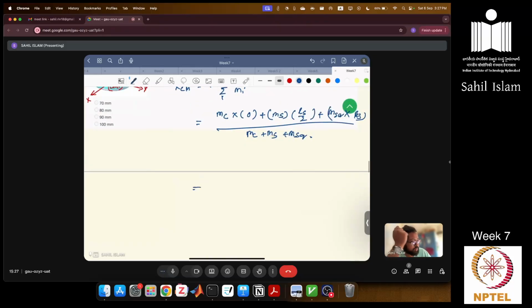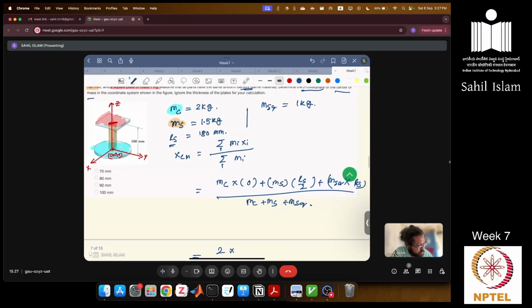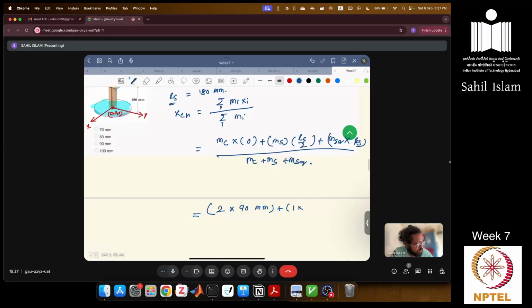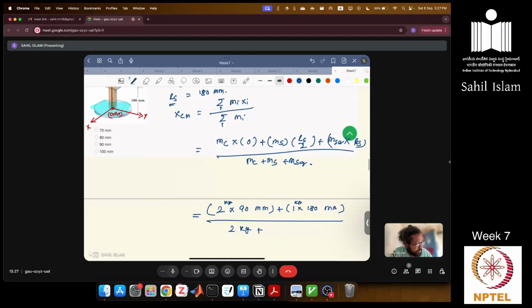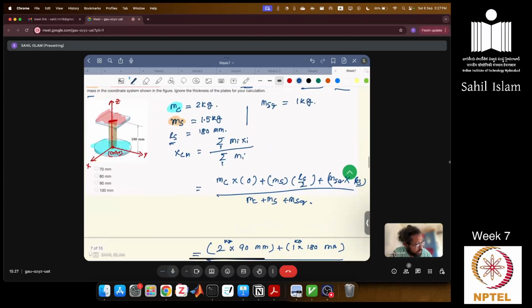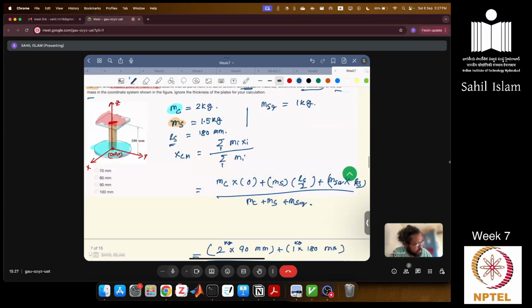So if you calculate, mc is 2 kg times 0, plus ms is 1.5 kg times Ls by 2, which is 90 millimeter, plus m square is 1 kg times 180 millimeter, divided by 2 kg plus 1.5 kg plus 1 kg.